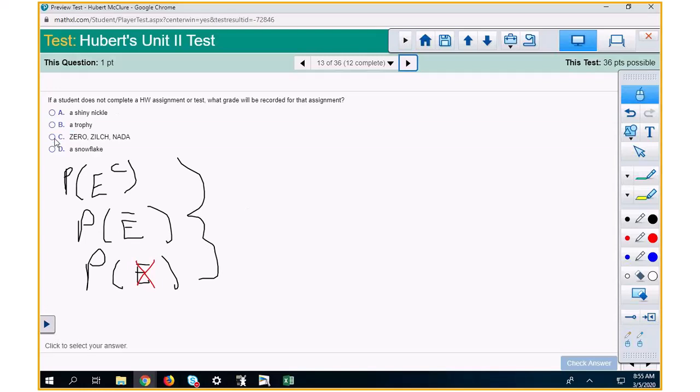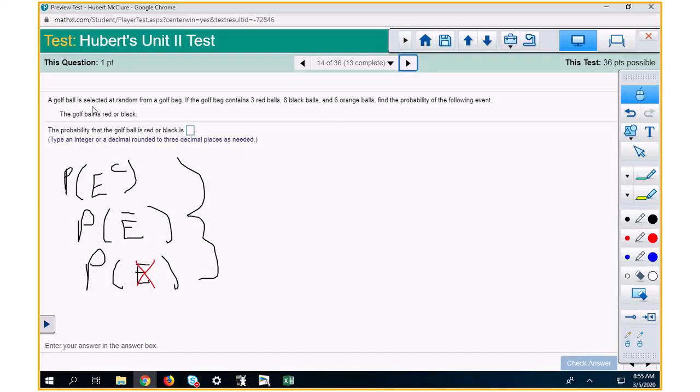A golf ball is selected at random from a golf bag. If the golf bag contains 3 red balls, 8 black balls, and 6 orange balls, find the probability of the following event. The golf ball is red or black.